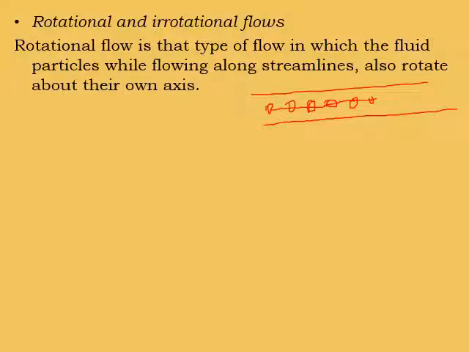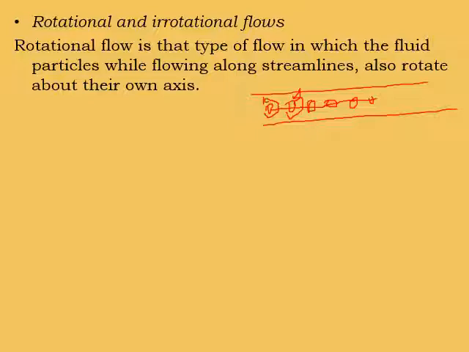Along with that movement along the streamlines, this fluid particle will also rotate about its own axis, either in clockwise direction or in anti-clockwise direction. That type of fluid flow is called rotational flow.